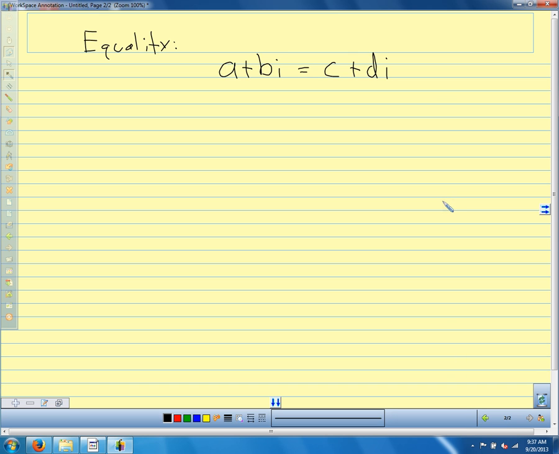Right, the real parts have to be equal and the imaginary parts have to be equal. a and c are equal and b equals d. So the real parts have to be equal, the imaginary parts have to be equal for them to be equal.